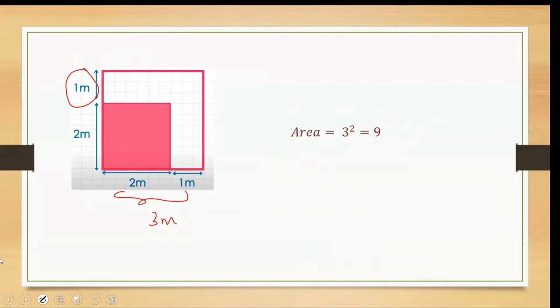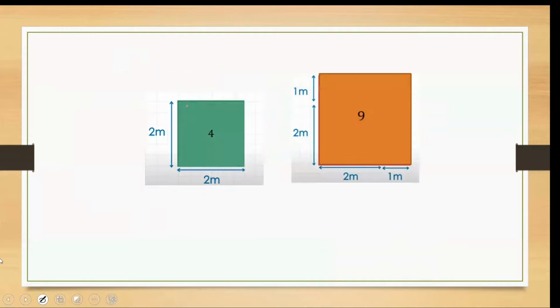So now we can calculate what is the change in area. So the small square is 4, and the big square is 9. So the change in area is 9 minus 4, which is 5. So the total change in area is 5. Okay, so this is with numbers, the normal method.